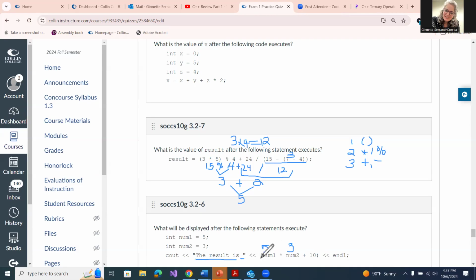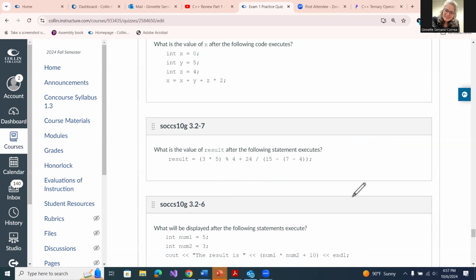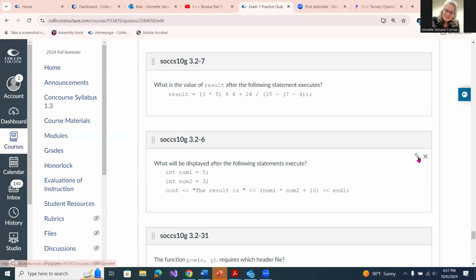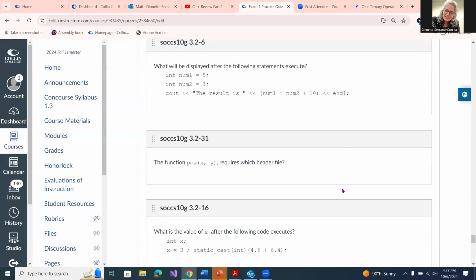So it'll say the result is 25 and then give us a new line.